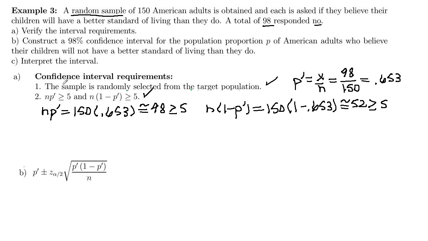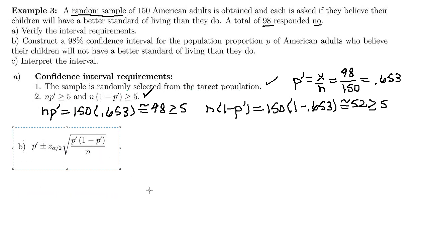So I brought that formula down from up above, and we've already got our p prime. We've already got n. N is 150, and we need that z value. Well, this is a 98% confidence interval, so our alpha is going to be 0.02.